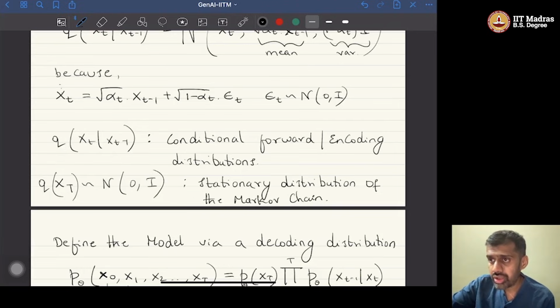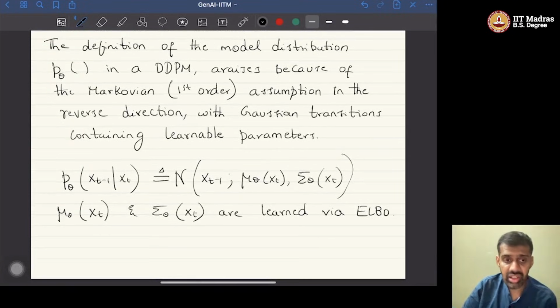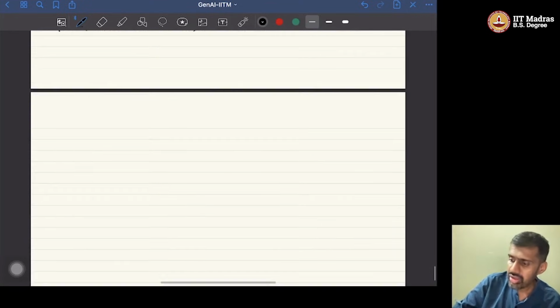Okay, so now the next thing to be done is that we have to use all these definitions and use the standard ELBO optimization to find these parameters mu theta xt and sigma theta xt for the reverse distribution or the decoding distribution. Okay, so let us look at that now.